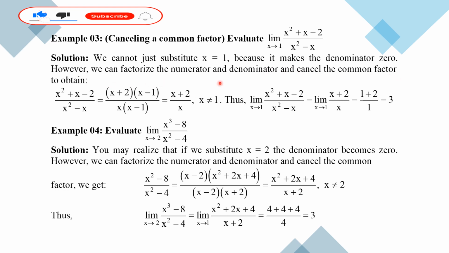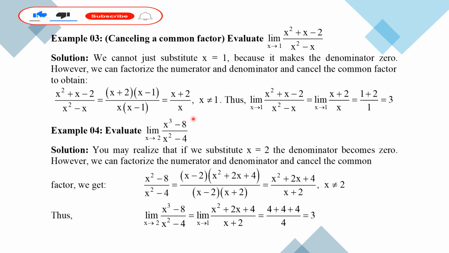Now we can factorize the numerator and denominator and cancel the common factor. In x square plus x minus 2, by the middle term breakdown, we will have x plus 2 times x minus 1. In the denominator, take x common, so x minus 1 will cancel, and we will have x plus 2 over x.